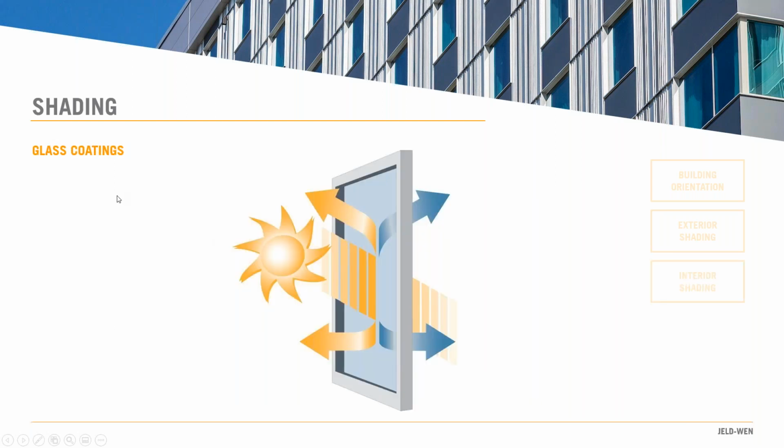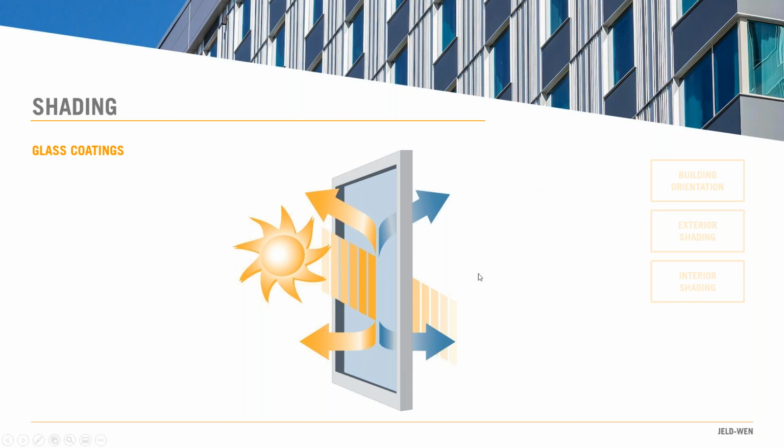Glass coatings. So low E coatings, now this hasn't always been the case, but they are essentially cost neutral. It's a no-brainer to have low E coatings on your windows, and you can greatly control how much of the sun's energy gets in and stays in your building just by adjusting those coatings, and how much of that is heat and how much of that is light.